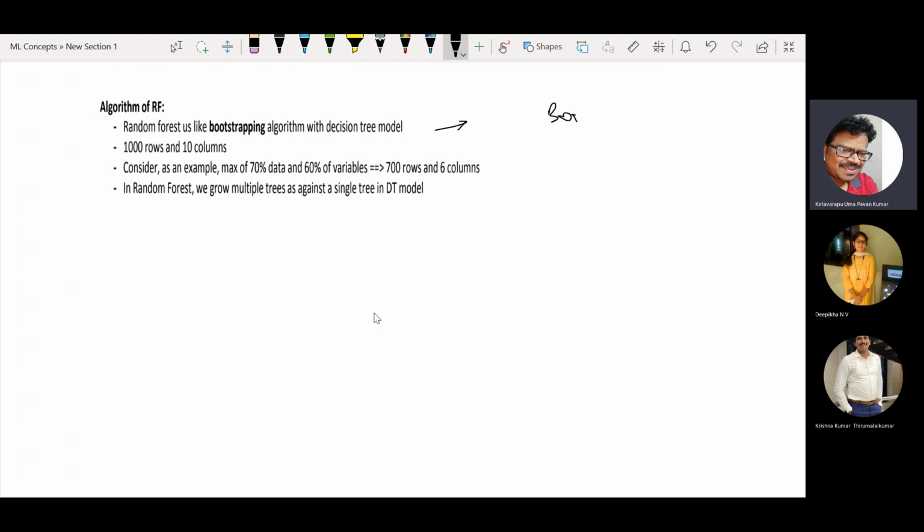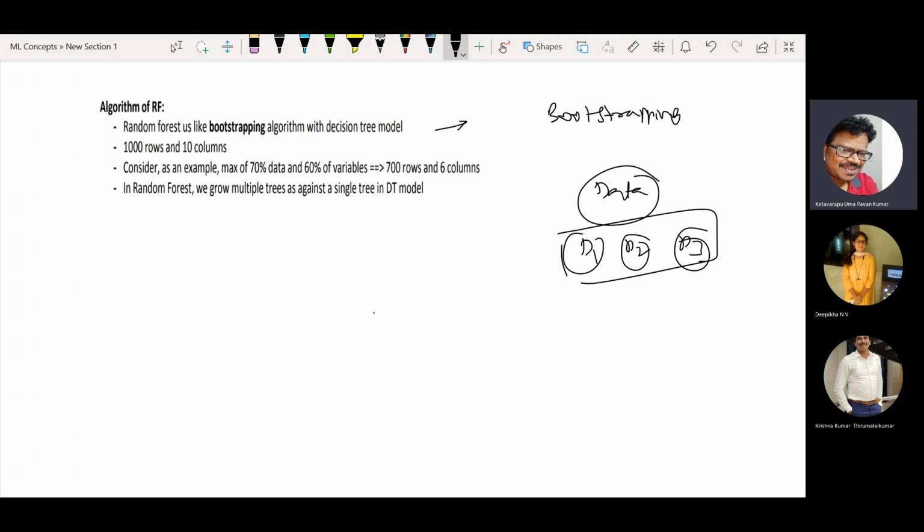So bootstrapping is a concept, guys. If I am taking some data, it picks up particular portions of the data and comes up with coverage. Whatever source data I have, all of it will be covered and handled. Say I have 1,000 rows and 10 columns.